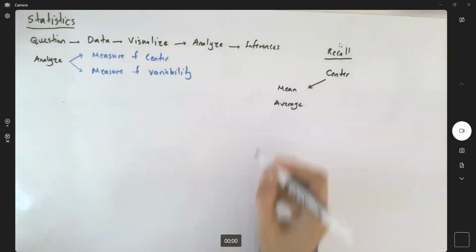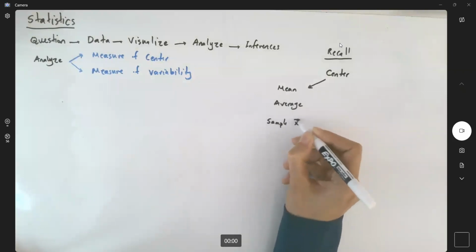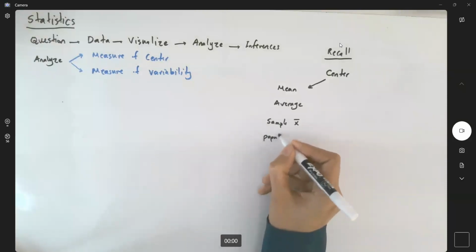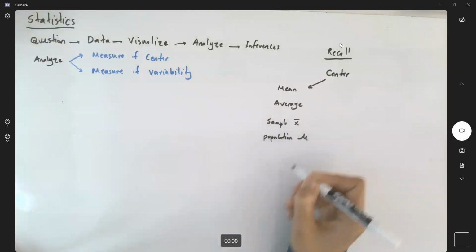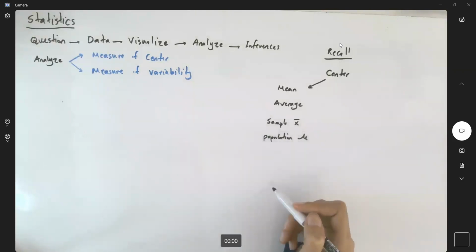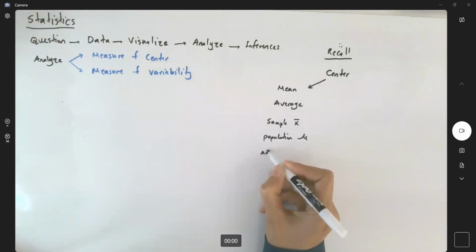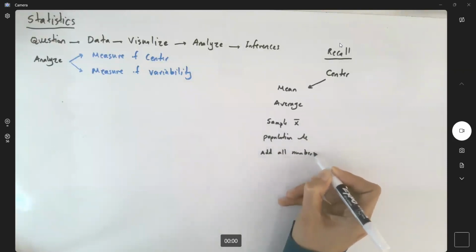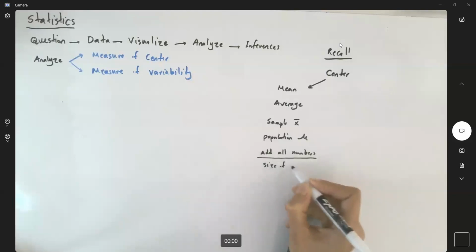The mean of the sample is denoted by X bar, and the mean of the population is denoted by the Greek letter mu. How do we find the mean? We add all data, add all numbers, and divide it by the size of the collection.